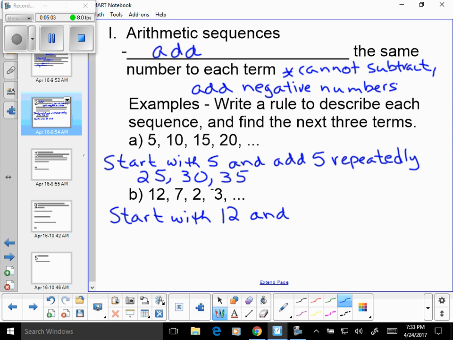That will also work to get me from 7 to 2. Here's where a lot of you are going to say, well, you subtract 5. But remember, we do not subtract. We add the negative number. Subtracting by 5 means add a negative 5. And we're going to do that repeatedly.